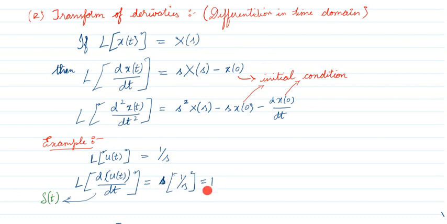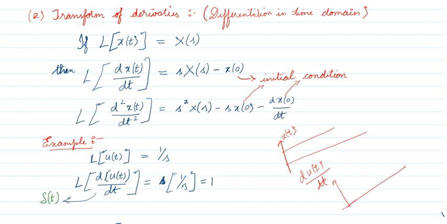So s into 1 by s is 1. We know that this is the unit step signal, this is my u of t. If I differentiate this, what will I get? I will get the impulse signal. This is nothing but delta of t.